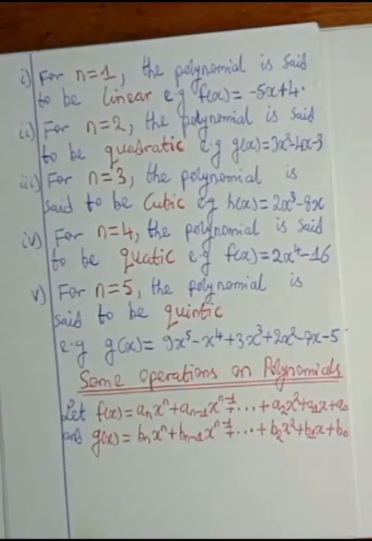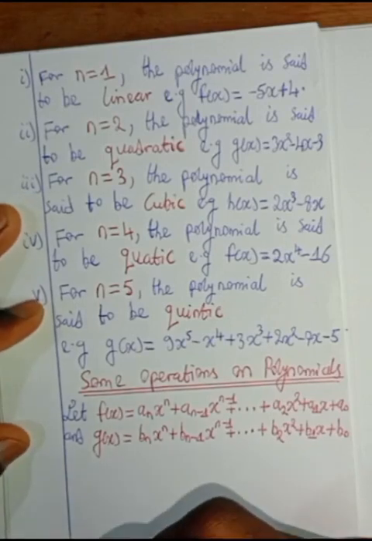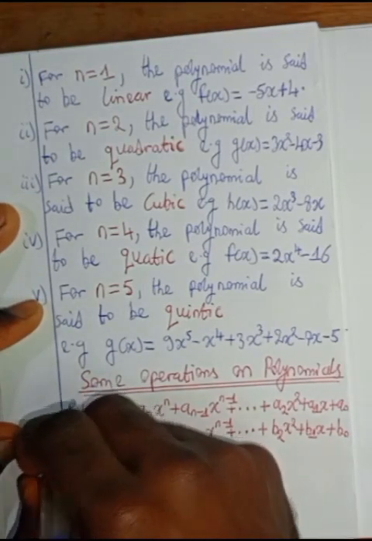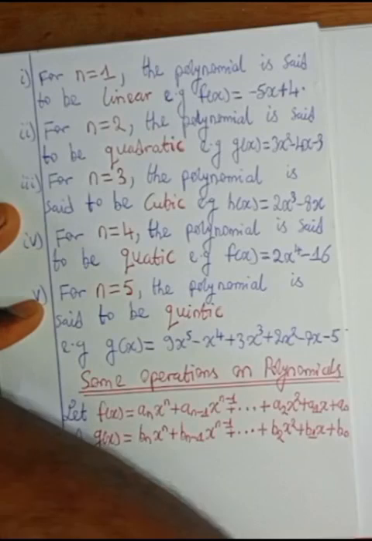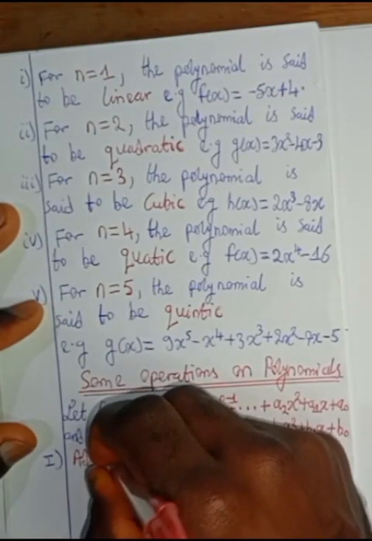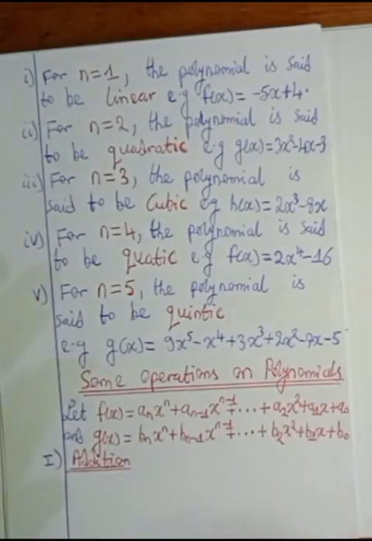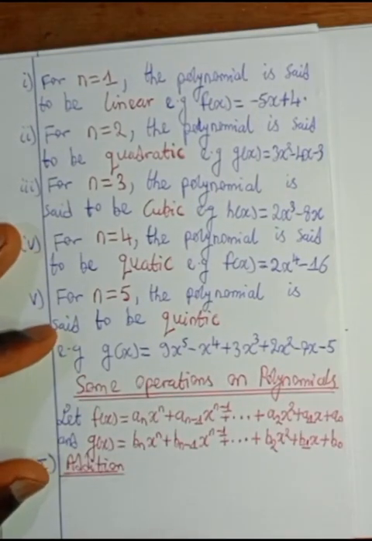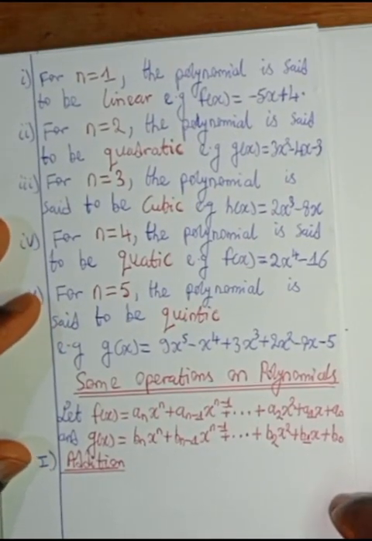Now we move to the first operation, which is addition. We take it by the margin for addition. We are going to see how to add any two polynomials.